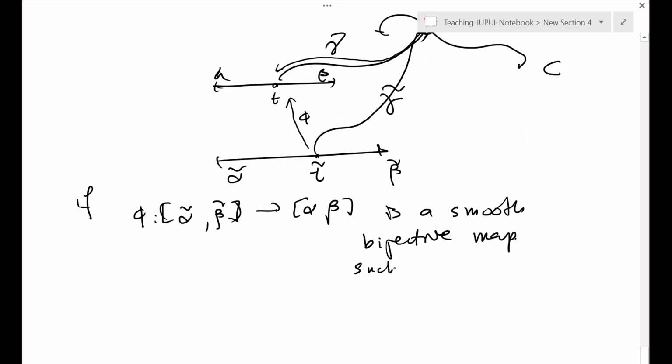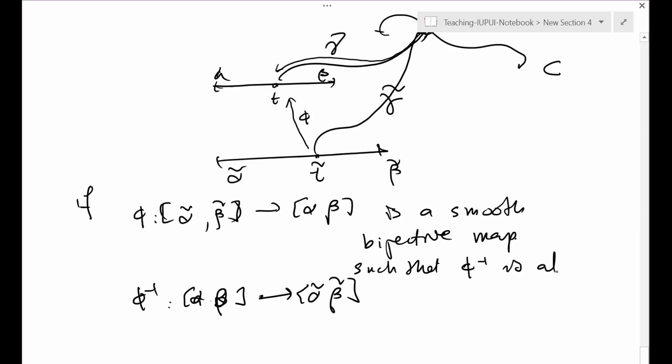Such that the inverse is also smooth. We always want to differentiate them.